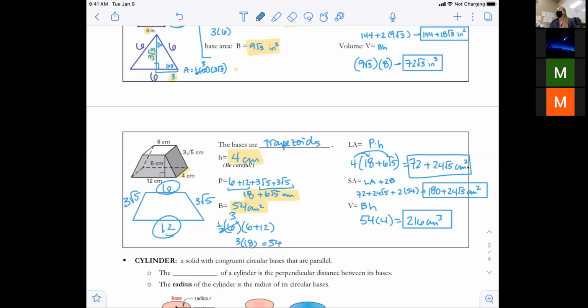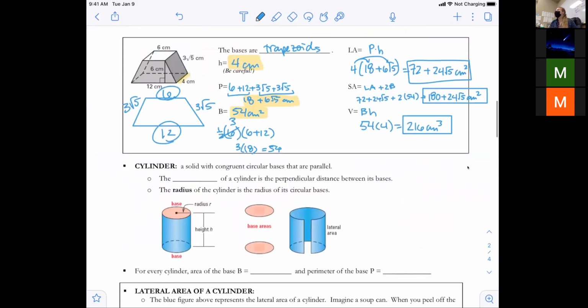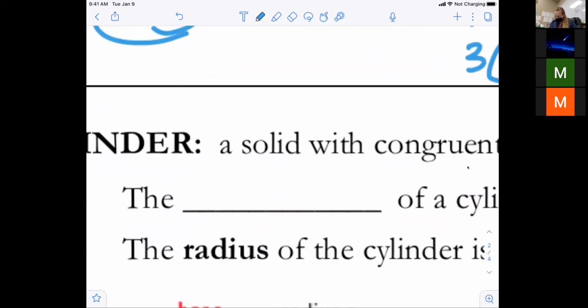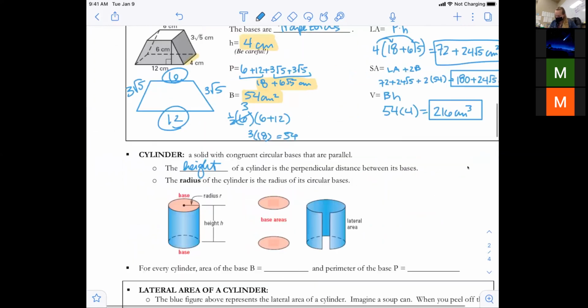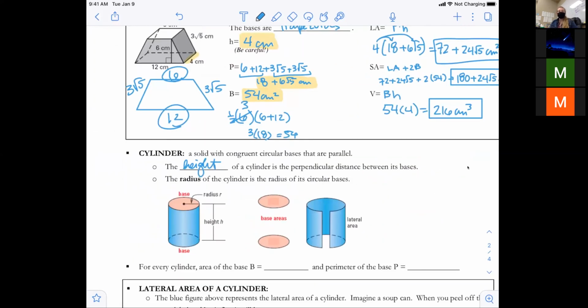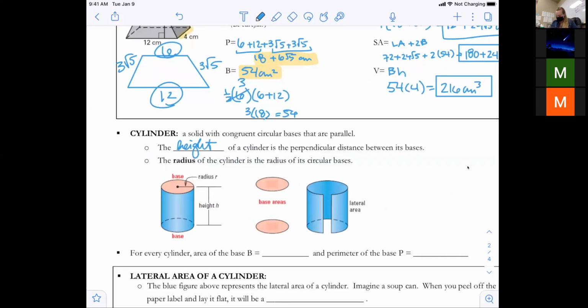Yikes. All right, let's do cylinders. Cylinders are very, very similar. They are just not polyhedrons, because they have circles as their bases. The height of the cylinder is just the distance between those circular bases. And the radius of the cylinder is the same as the radius of the circle base.